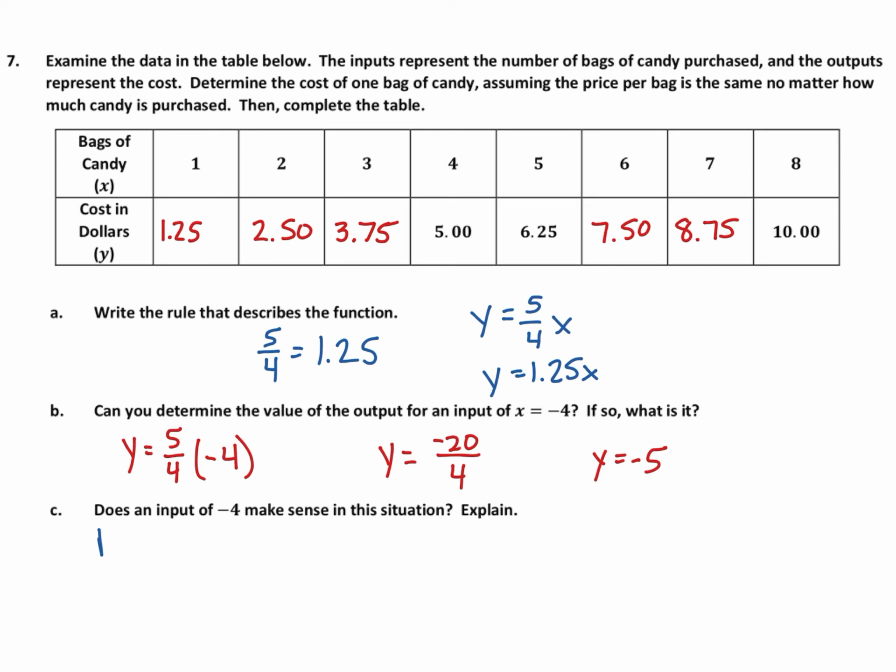The lowest input should be 0. Because we can't have negative bags of candy.